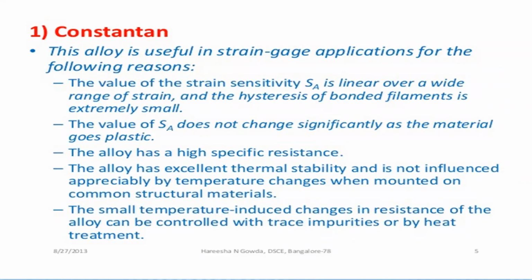This alloy is useful in strain gauge applications for the following reasons. Why do we use this type of alloys in strain gauges? You can see the reasons. The value of strain sensitivity SA is linear over a wide range of strain, and the hysteresis of bonded filaments is extremely small.